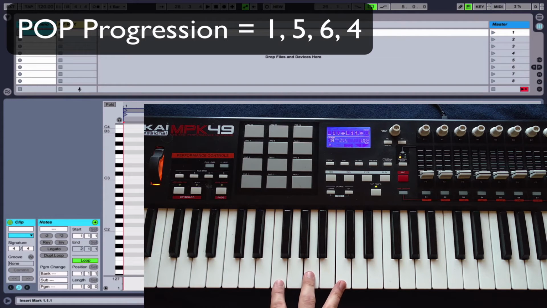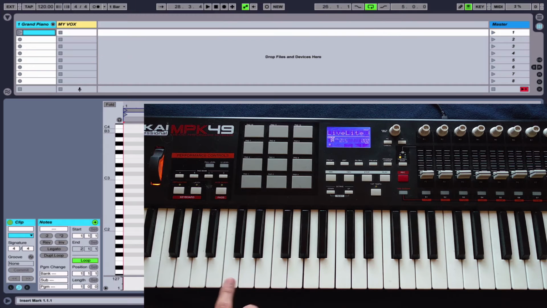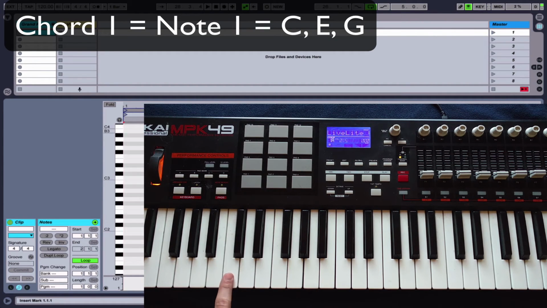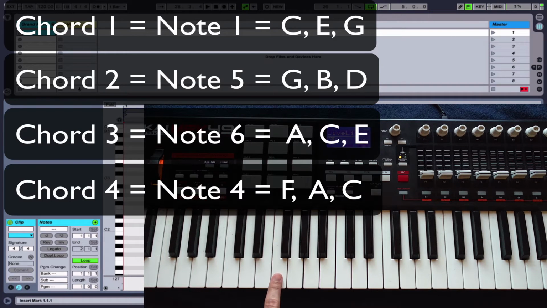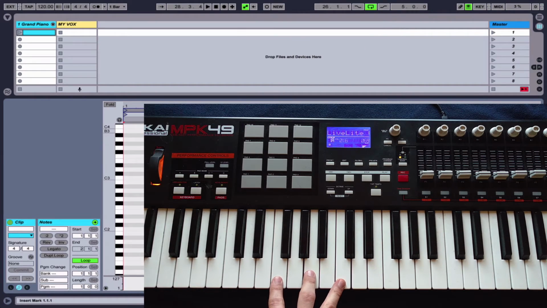And then we go back to the 4, which is the fourth chord in the progression. So the chords are the 1, the 5, the 6, and the 4. And all we're doing is taking the 1, 3, 5 for each of those notes in the scale. So 1, 5, 6, 4. And now you have the pop chord progression.